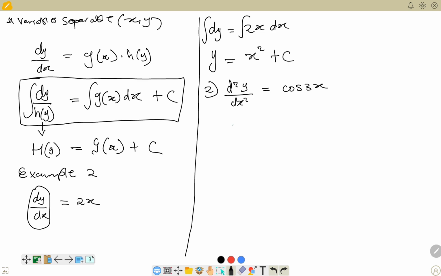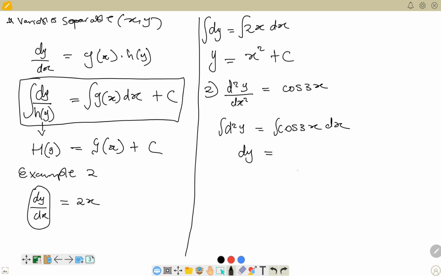Firstly, we will need to separate the variables. So I have d squared y, I will multiply by dx squared, giving cos 3x dx. If I integrate now, when I integrate d squared y, only dy will be left.